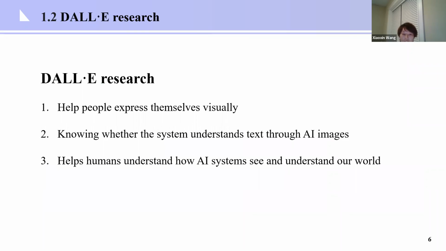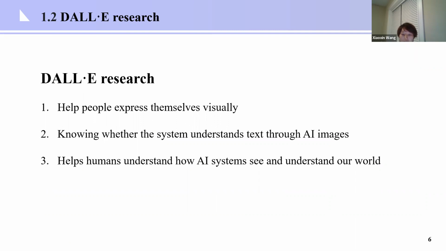DALL-E research has three main outcomes. First, it can help people express themselves visually in ways they may not have been able to before. Second, the AI-generated images can tell us a lot about whether the system understands us or it's just repeating what it has been taught.